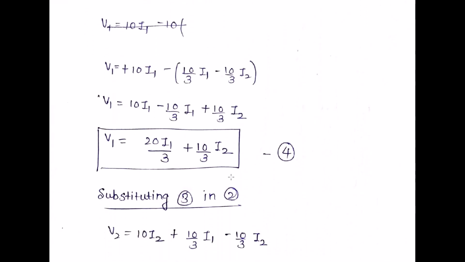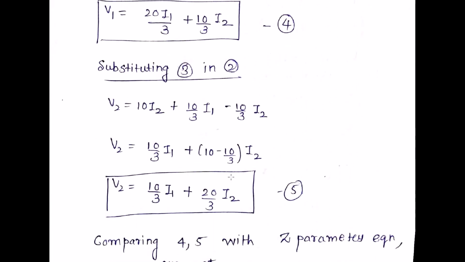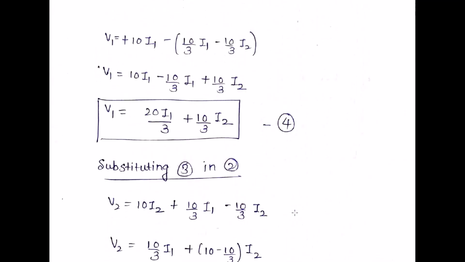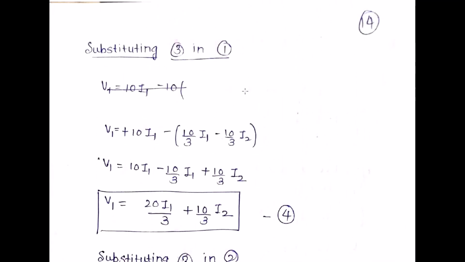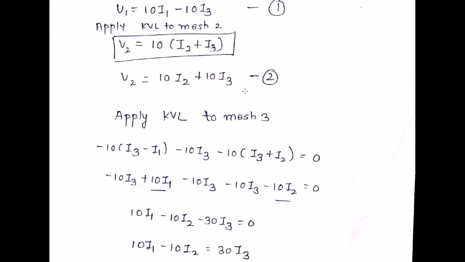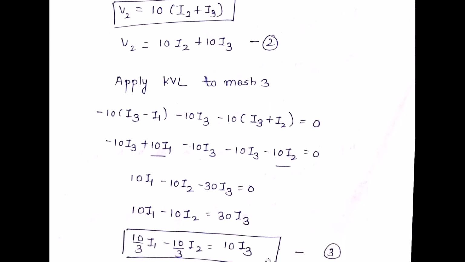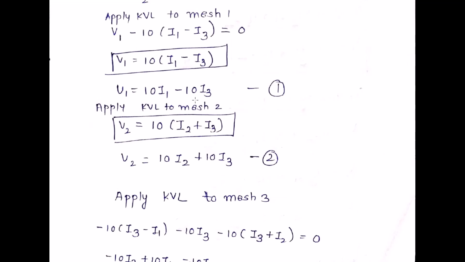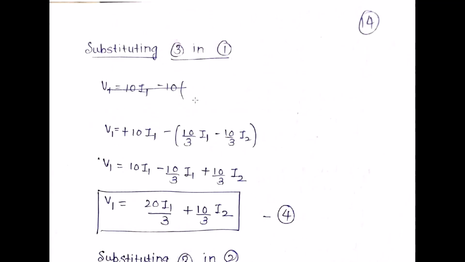So when you are substituting that, you will get equation 4 and 5. So when you substitute 3 in 1, when you are substituting the third equation onto the first equation, you get V1 in terms of I1 and I2.